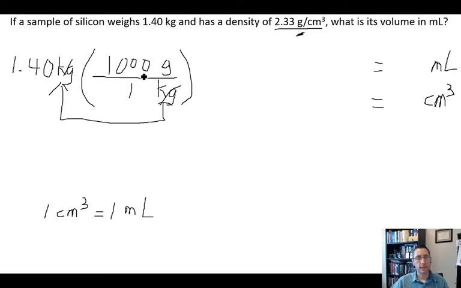Now that takes care of my kilograms and leaves me in grams. Now I'm able to use this equality, grams in the bottom, cubic centimeters on top. Right, this is where a lot of people make mistakes. They might try to write 2.33 in the numerator, but 2.33 comes with grams, so it always has to appear with the grams. So 2.33 needs to go down here.